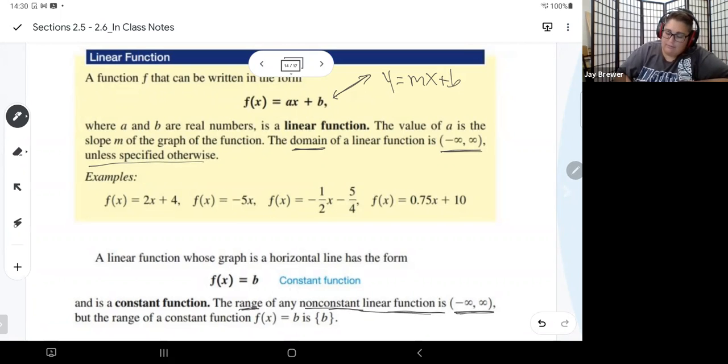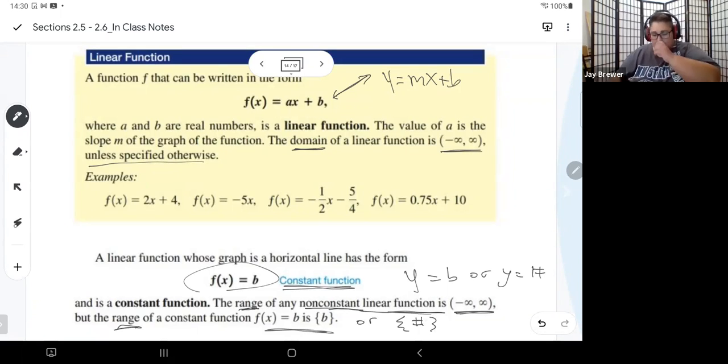However, a constant function, which will look like this, or y equals a number, then the range becomes just b, or just the number.